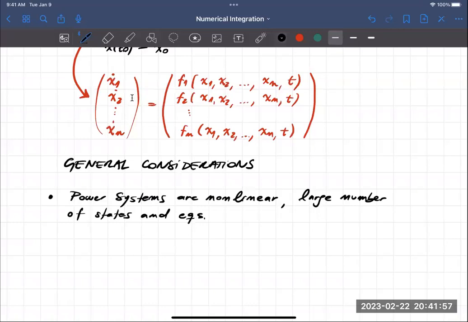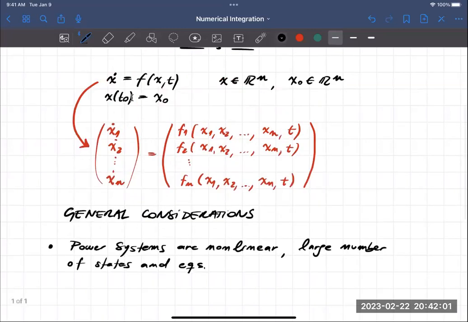So what we need to know here is basically that since we have thousands of variables, we cannot solve the system analytically. We require a numerical solution, since this is a nonlinear system with many state variables and many equations.